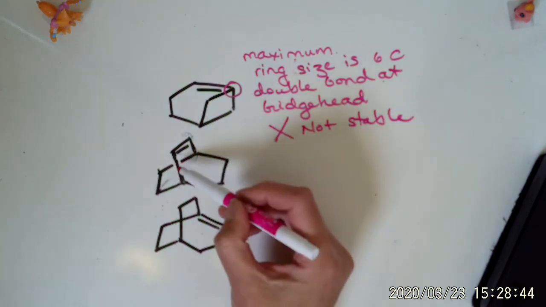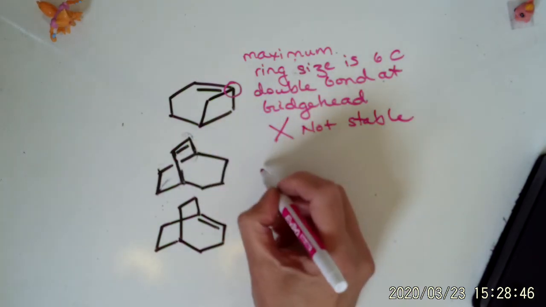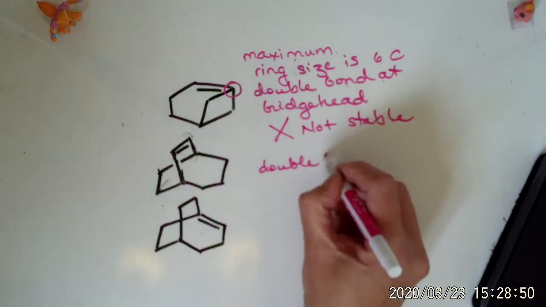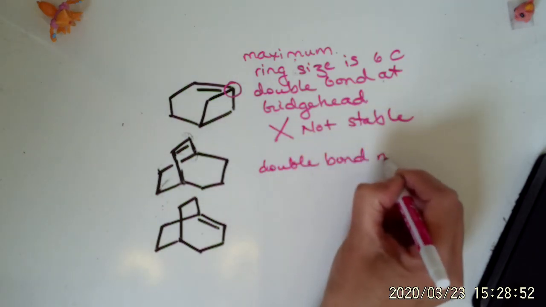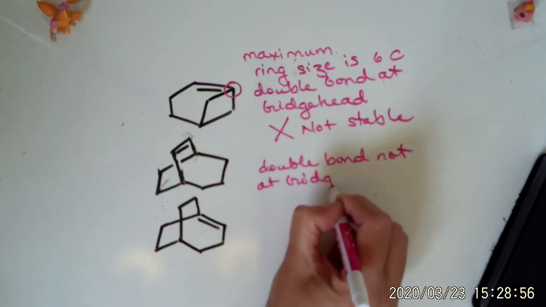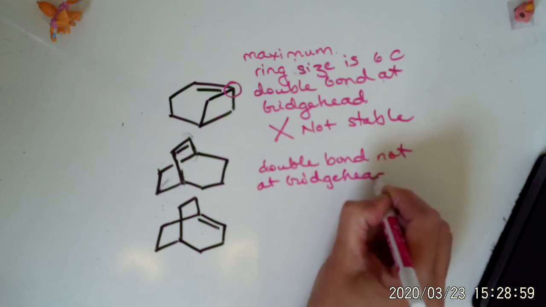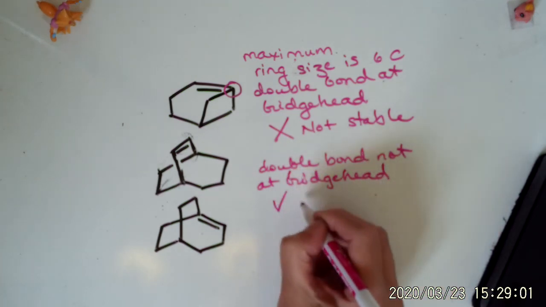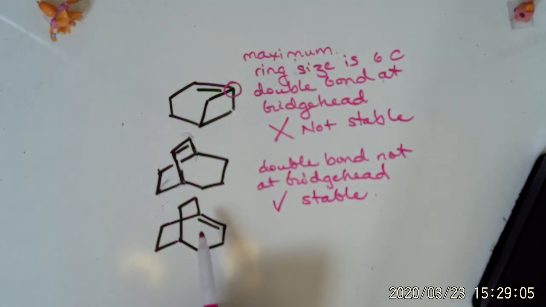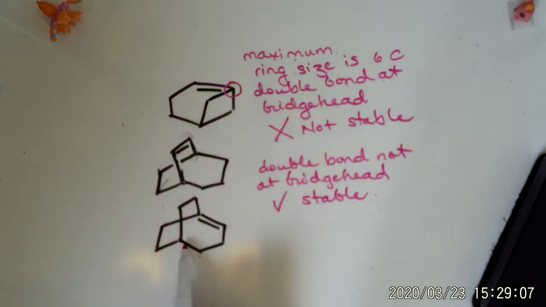This one, on the other hand, my double bond is not at a bridgehead carbon. You can see it's a cis already. So this is stable. All right? This one, 1, 2, 3, 4, 5, 6, 7. It's only 7.